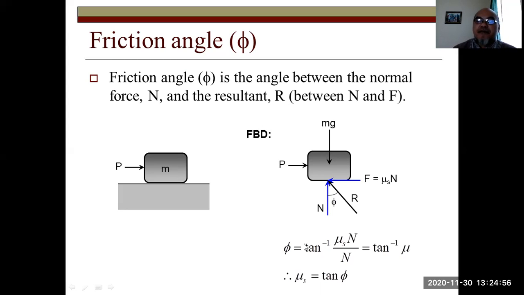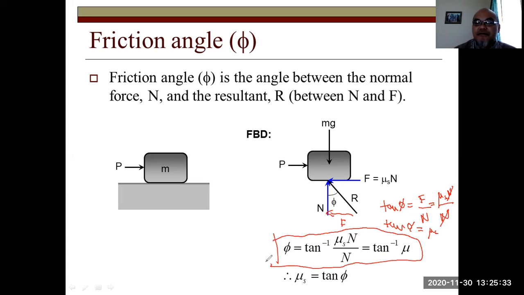From this correlation, basically, this is F, the friction force, so tan phi equals F divided by N. While F equals mu s times N, so F divided by N gives tan phi equals mu s, or phi equals arctan of mu.